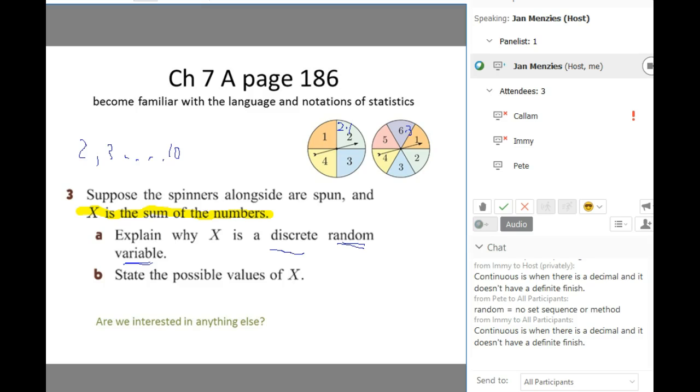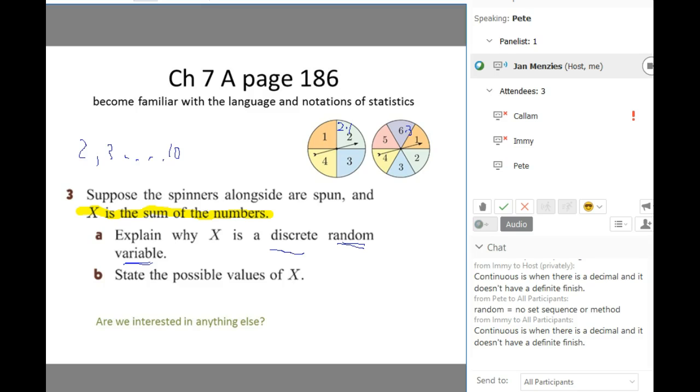If those numbers were not integers, but they were a definite number, but they were decimals, is it still discrete? What do you reckon, Pete? Yes. That's true. But what we're saying is the reverse, that if you have decimals, it can still be discrete.